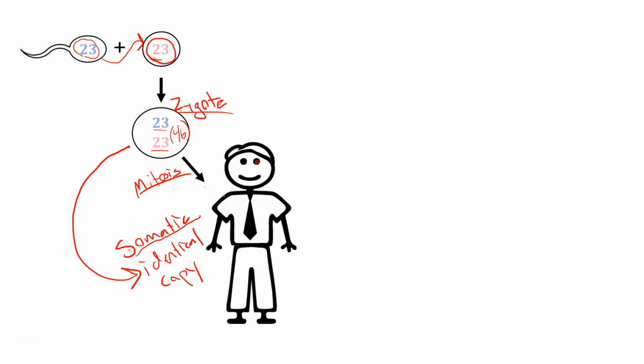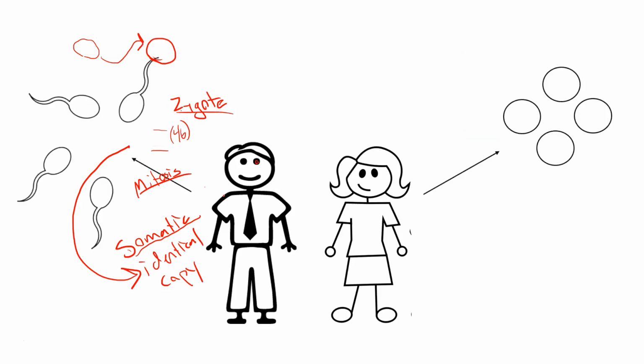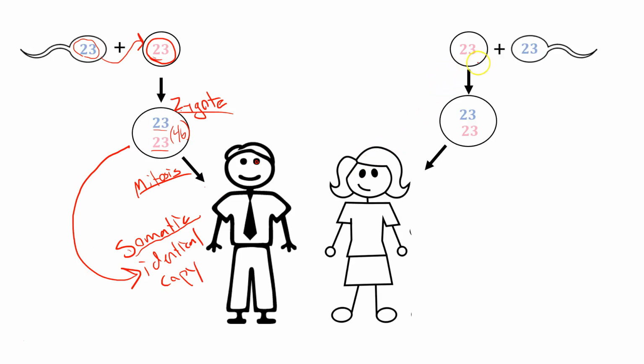Okay, well, let's say that this man here meets a woman who also at one point in time was conceived from a sperm and an egg of a couple, and the sperm and the egg combined to form what was known as the zygote, and that zygote is now called a diploid cell, so this would be called diploid, whereas the gametes, sperm and egg, are called haploid.